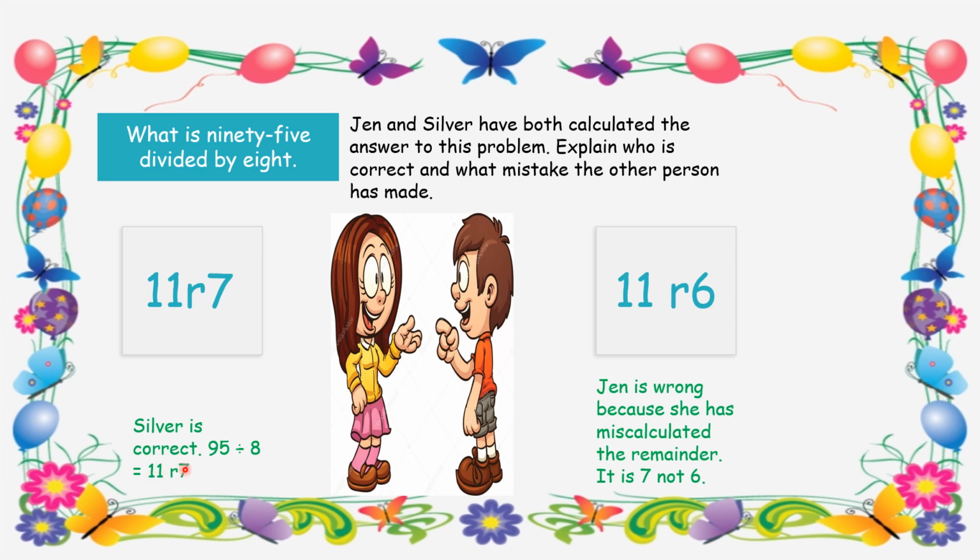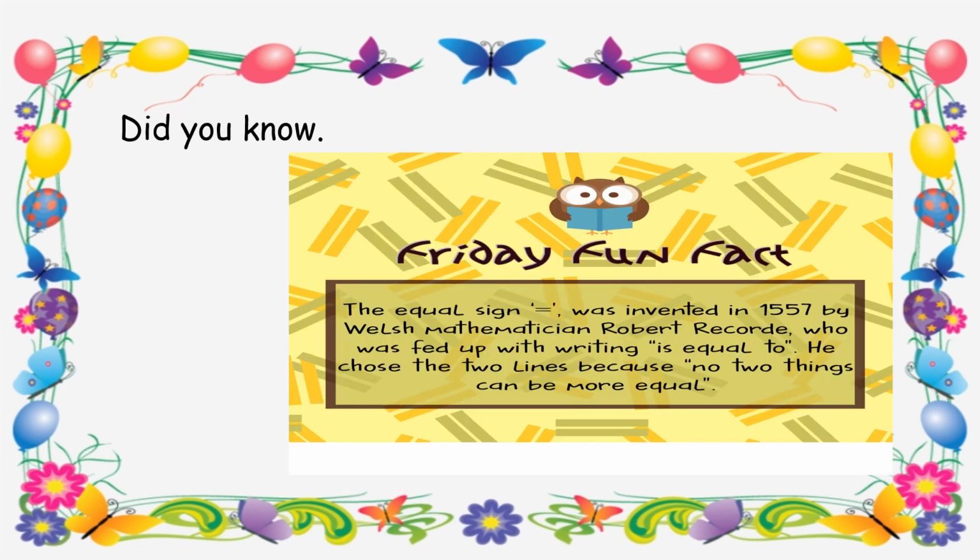Now 1 remainder 1, I exchange the 1 tens remaining to the 1's place, and that makes 15. 8 in 15 is still 1 remainder 7. So Silva is correct because the remainder is 7, and not Jane, because Jane has got 6 remainders rather than 7. Well done if you got this correctly.